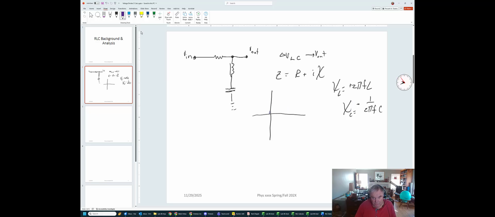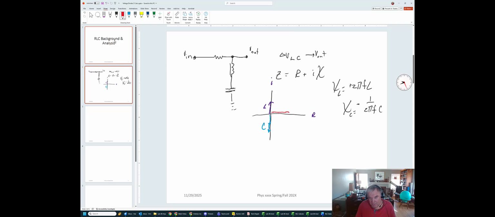So the inductor is on the positive imaginary plane, and the capacitor is on the negative imaginary plane, and the resistor is all on the real axis.